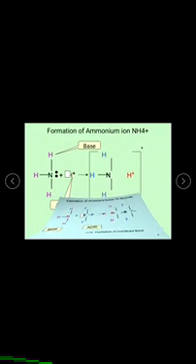And next is one more example. In this one we observe that boron trifluoride acts as an acid and ammonia acts as a base. The next example is the formation of the ammonium ion. In ammonia, nitrogen is the central atom. It has one lone pair of electrons. The H plus ion has one empty orbital.